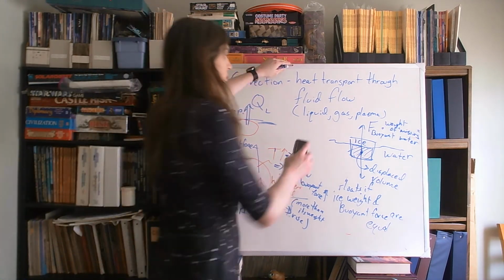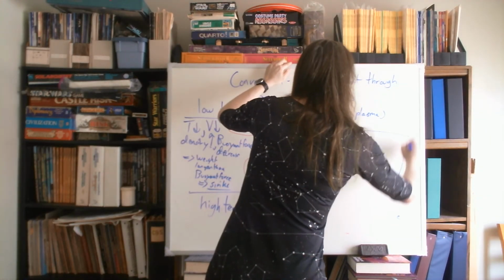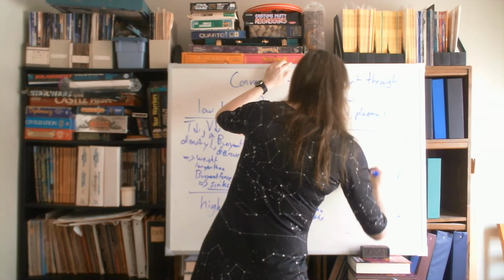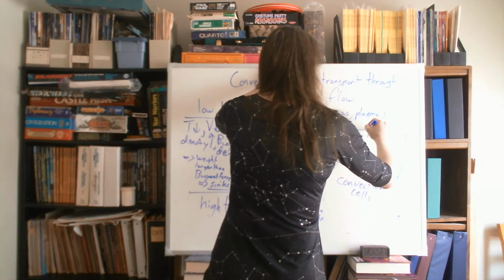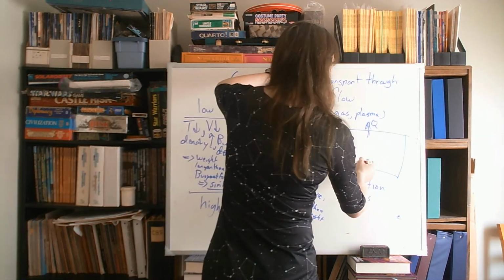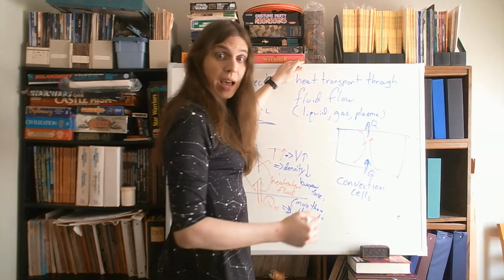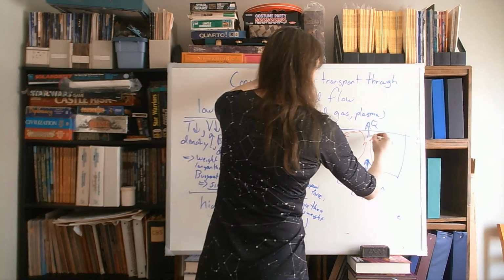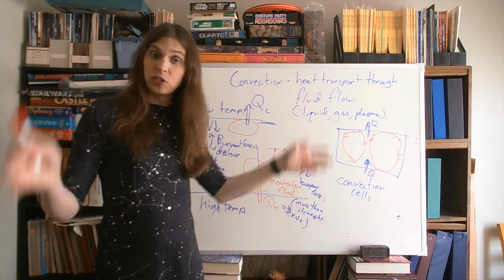You get what we call a convection cell, where you have fluid rise and then cool down and drop again, and form this circular pattern.